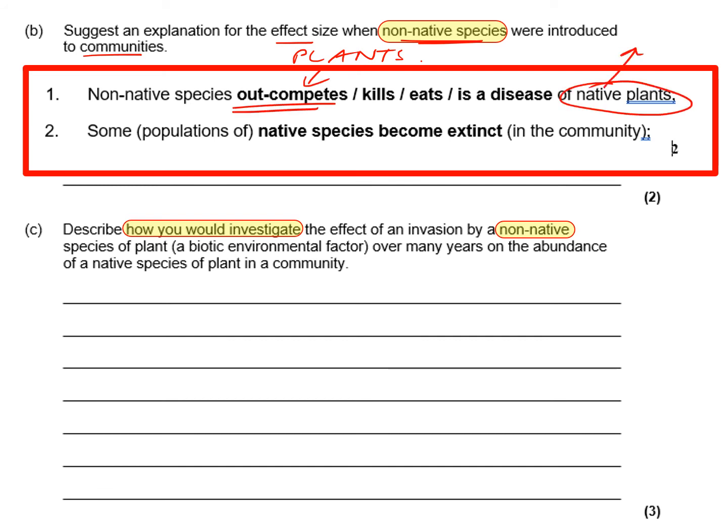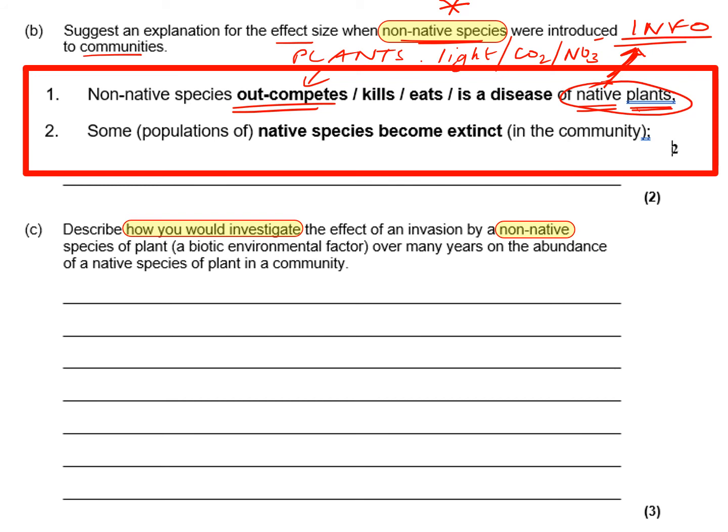You know the native species are plants because it gives you this in the information at the start of the question. So if you go back and have a quick read through the text, it says the effect on the native species of plant. So if the non-native species that was introduced was a plant, it might outcompete the native species of plant, and that could be for light, it could be for carbon dioxide, it could be for nitrate ions in the soil, for example, it could be for soil water.